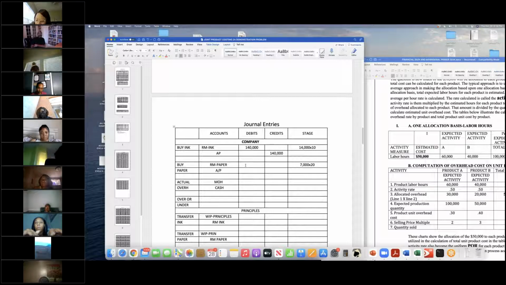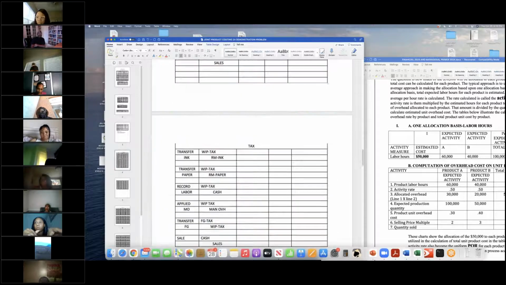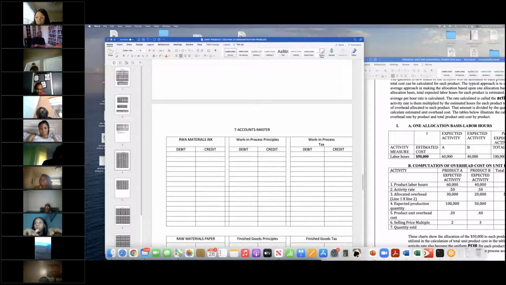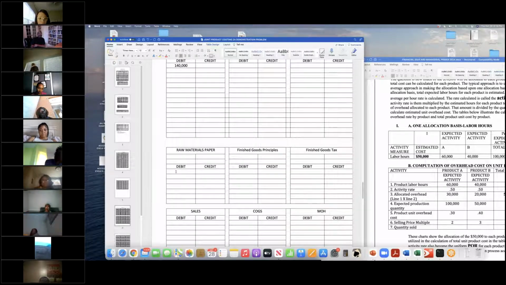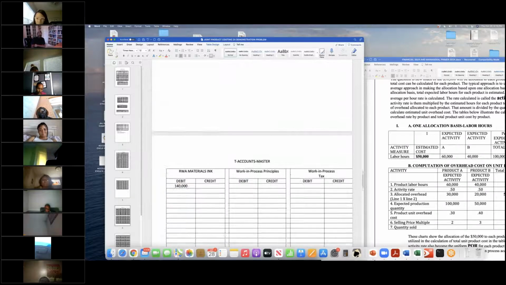So the paper is going to be what? 140,000 also. So we put that in our accounts: 140,000 for the ink and 140,000 for the paper. We're just posting the manufacturing accounts.